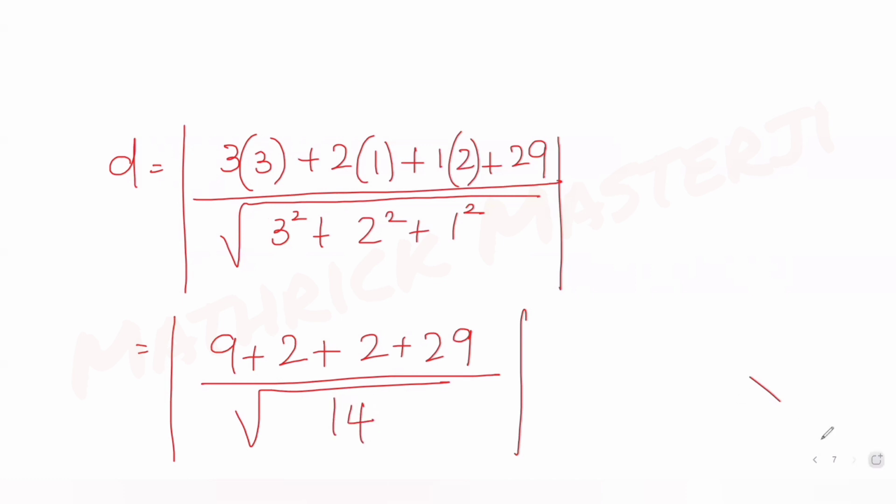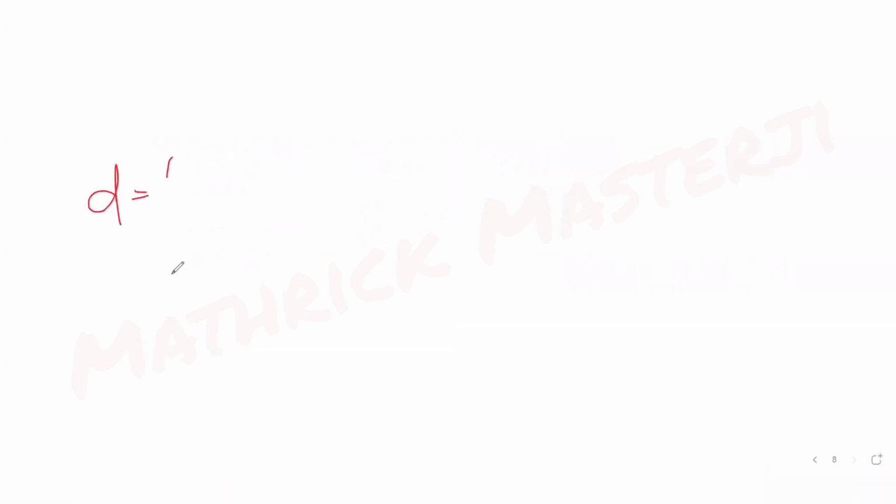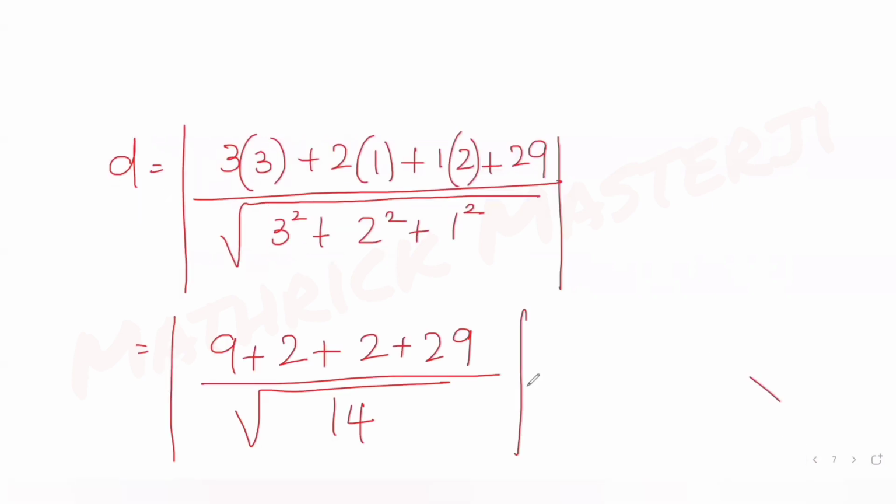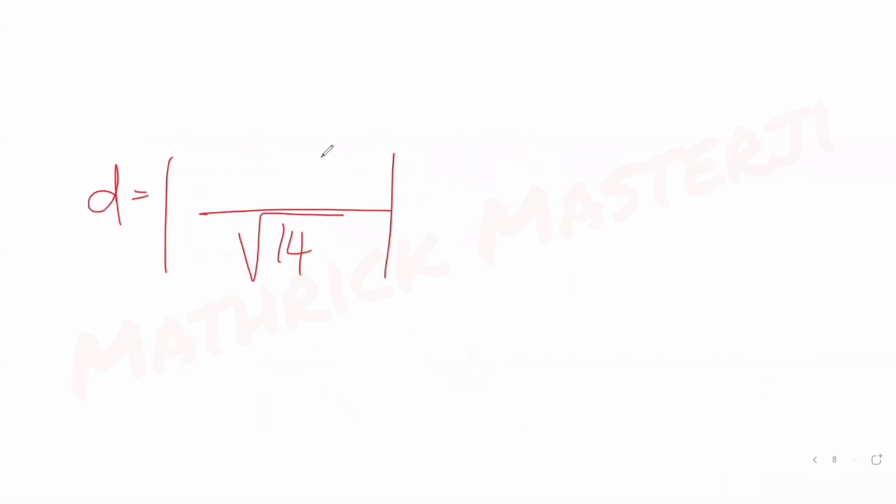And if I solve this further, I get the distance to become mod of the numerator over root 14, and the numerator becomes 9 plus 2, 11, plus 2, 13, plus 29, which is 42. So you get this 42. If I solve this, I can split 42 as 14 into 3 over root 14.